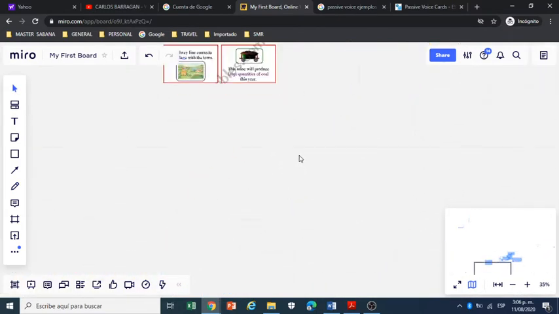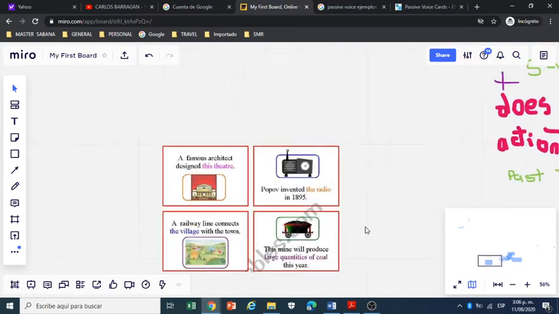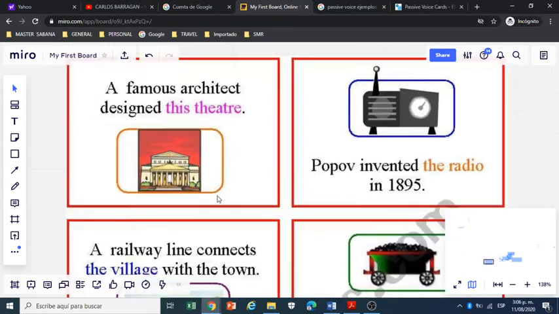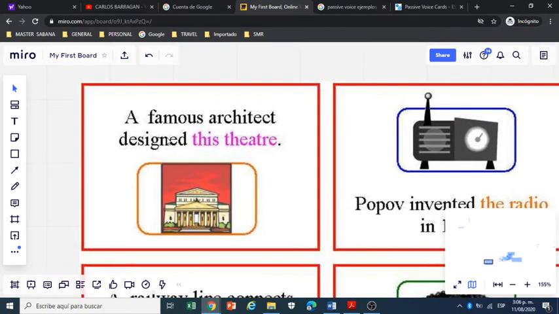Here we have more examples. In this sentence, a famous architect designed this theater. Okay, this sentence is in past. Okay, this is past. Irregular verb, regular verb, past. Okay, we are going to check in this sentence what is the most important part. A famous architect.